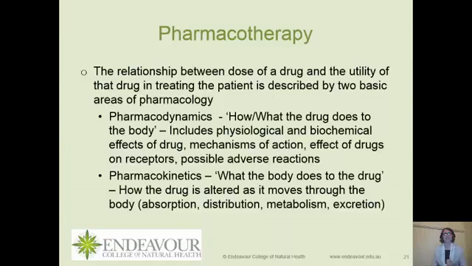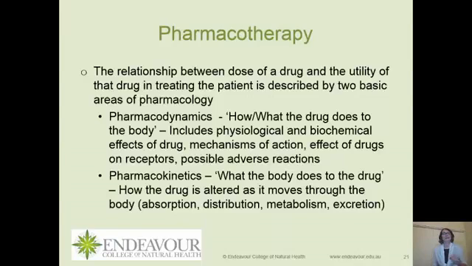It's the effect that it has at that receptor, and largely explains some of the adverse reactions, especially those type A ADR, those ones that can be predicted because of its pharmacodynamics.